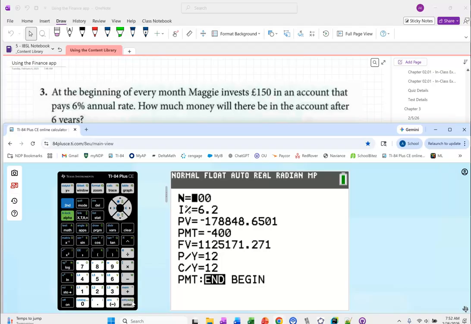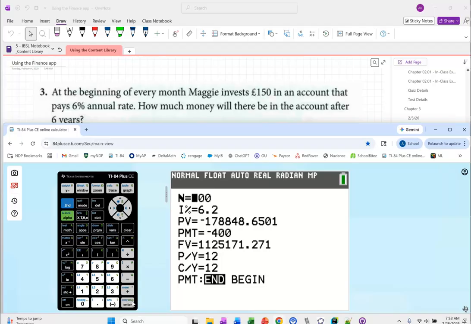So the solver here has this set of inputs. The capital N stands for the number of compounds that we're talking about. The I with the percentage is the interest rate written as a percentage, not as a decimal.